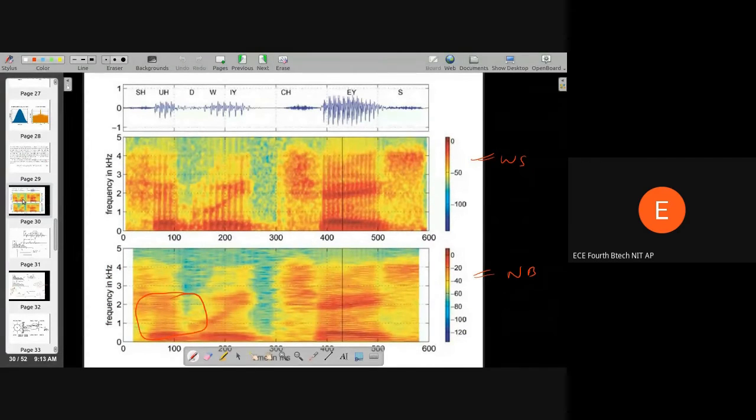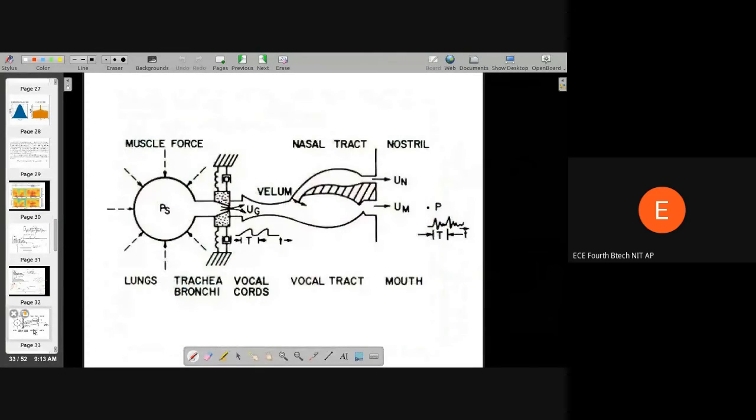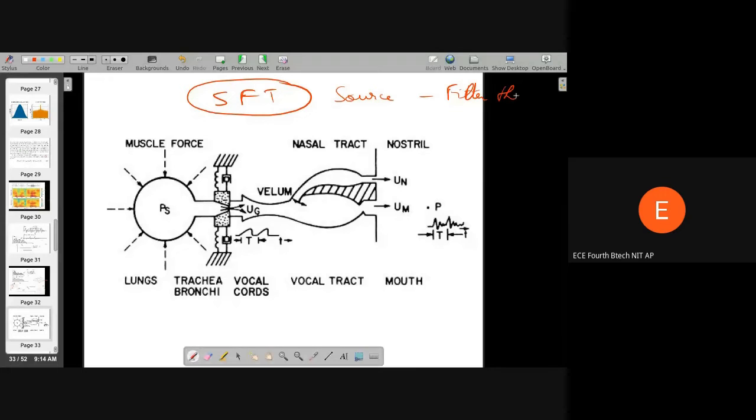So now let's go to today's topic. Today's topic will be centered around one principal model by which we represent the speech production mechanism mathematically. That's called the source filter theory. Why is it called the source filter theory?